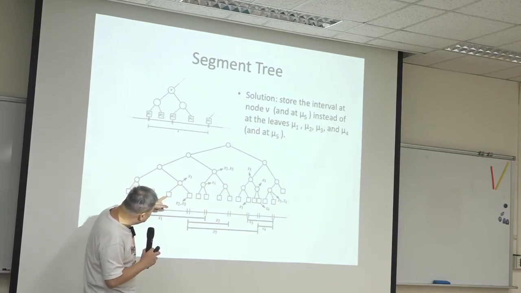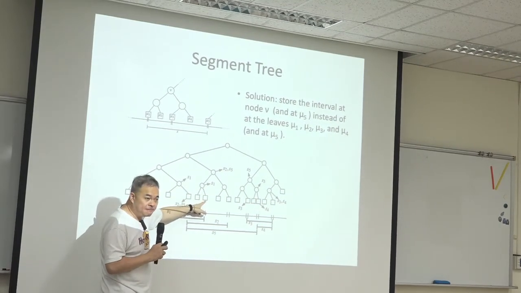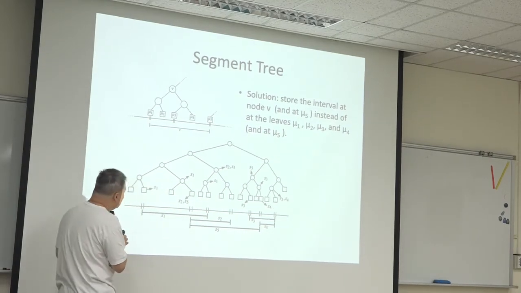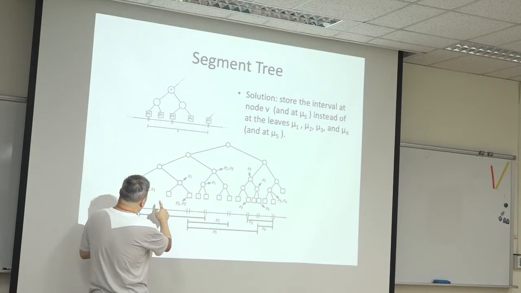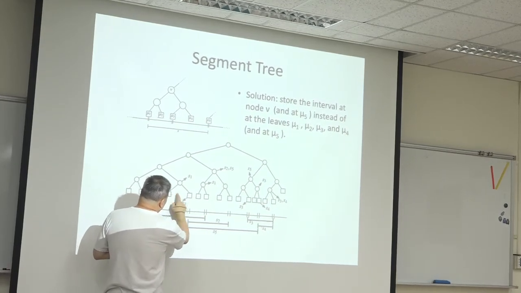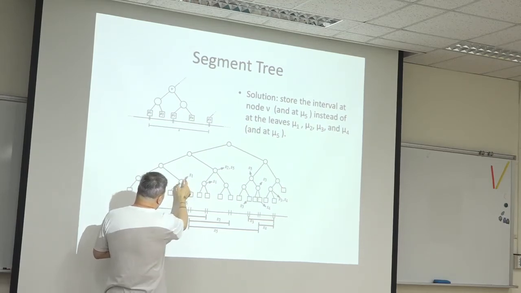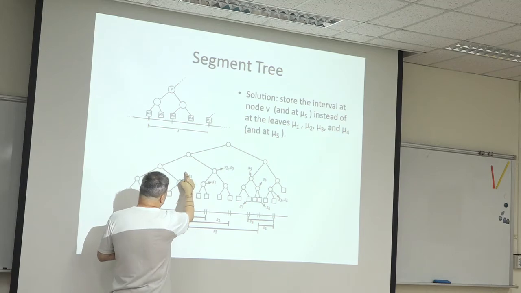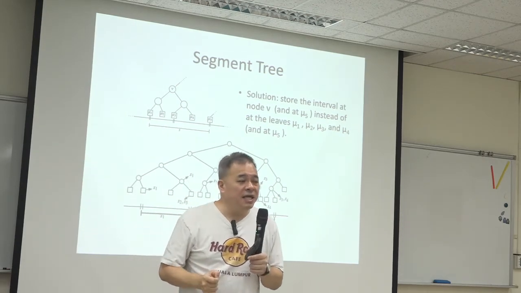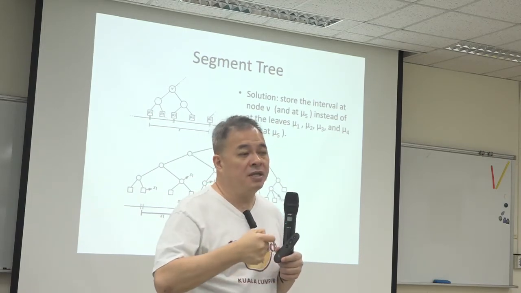Similarly, S1 should be stored here, here, and here, right? But okay, think about this. If these two nodes will store S1, how about we just store S1 one time here to save the copy of S1?